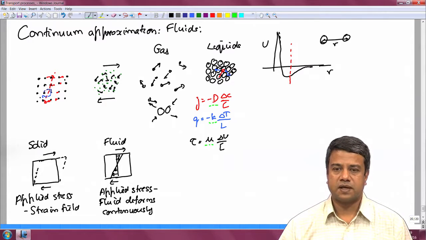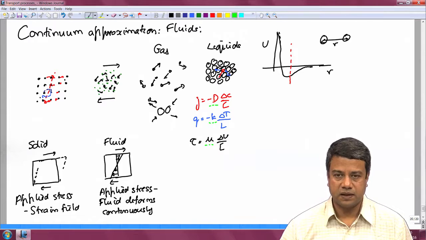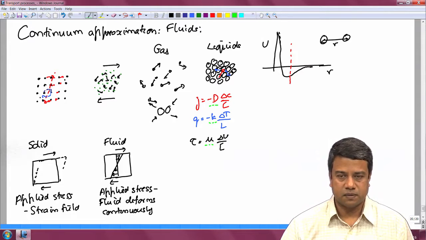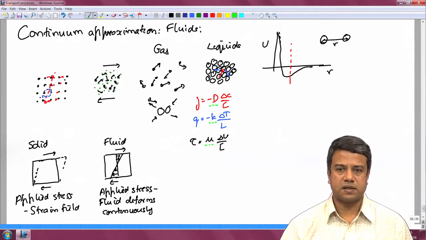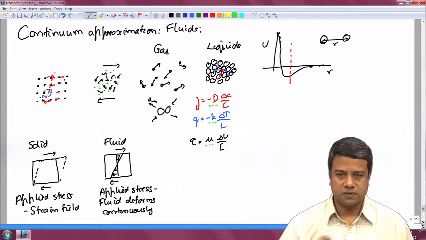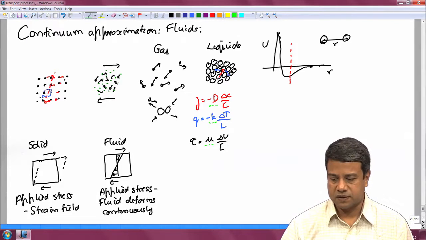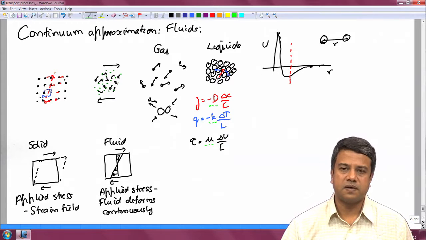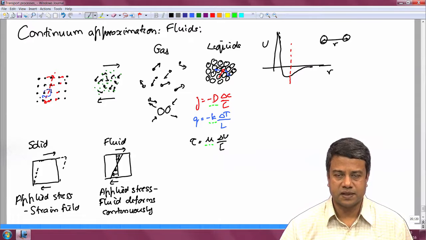So, we can deal with both of these on equal footing, and during the course itself, we shall really make no distinction about whether the system we are considering is actually a liquid or a gas. We will deal exclusively with fluids in this course, and the description itself does not distinguish between liquids and gases.